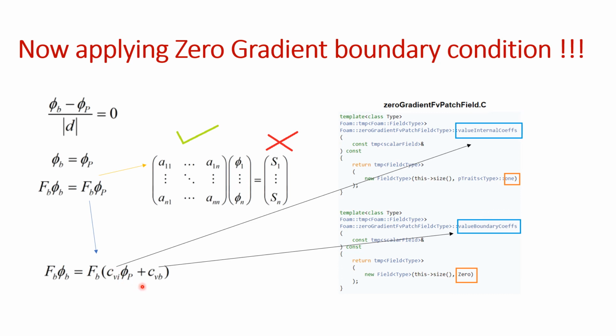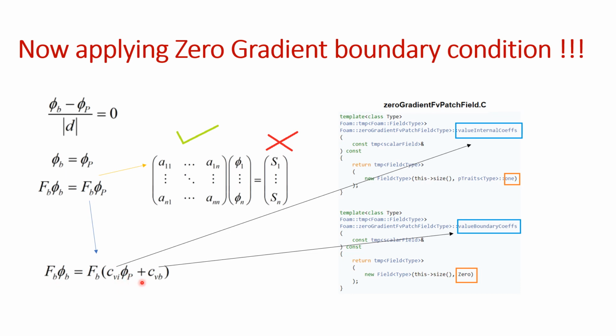Again we can write it like this: Fb phi b can be written as Fb CVI phi p plus CVB, where CVI is the value internal coefficient and CVB is the value boundary coefficient. See, compare these two, the upper value and this expression.